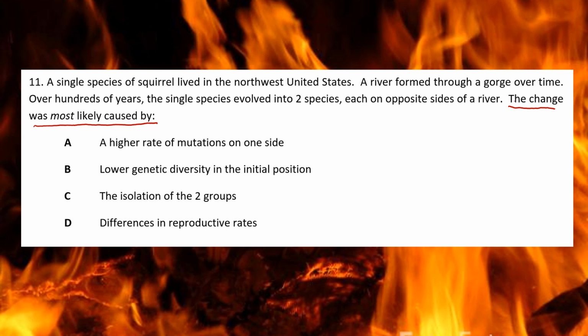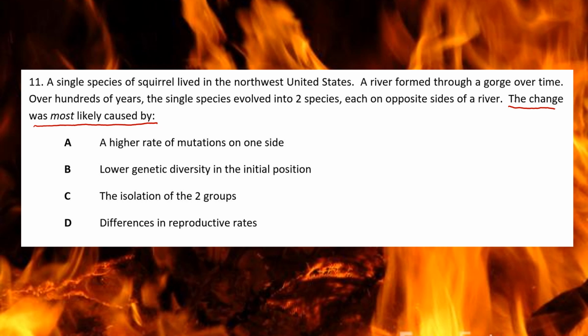A single species of squirrel lived in the northwest United States. A river formed through a gorge over time. Over hundreds of years, the single species evolved into two species, each on opposite sides of the river.